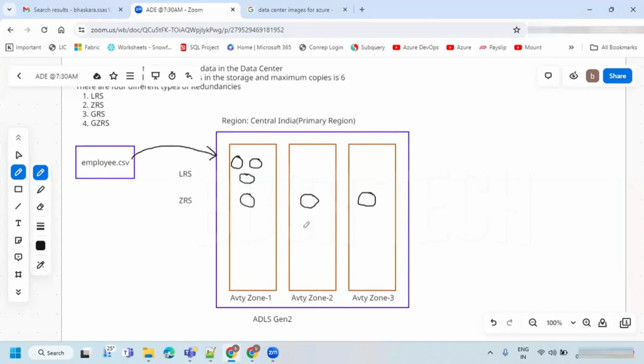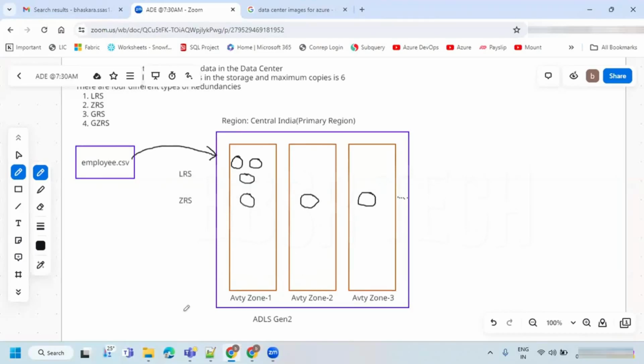So now 3 copies are there in 3 different data centers. So like this, you will be having multiple data centers within the region. If my entire data center is corrupted, I still have the data in another data center. Even if this is also corrupted, I still have the data in another data center.